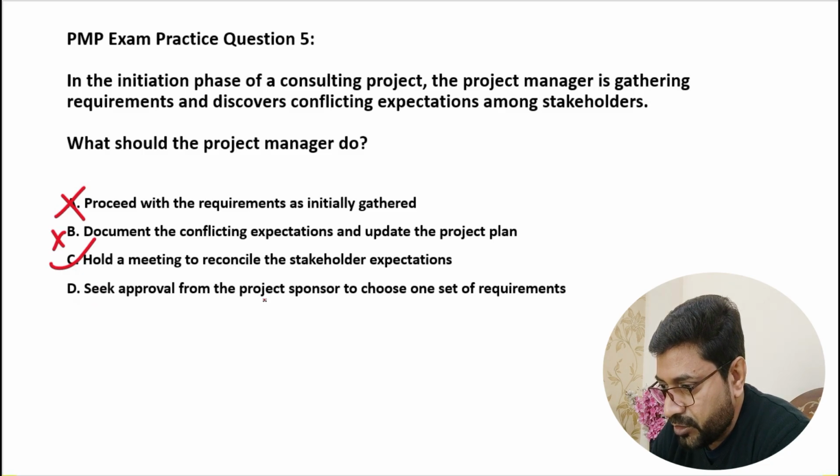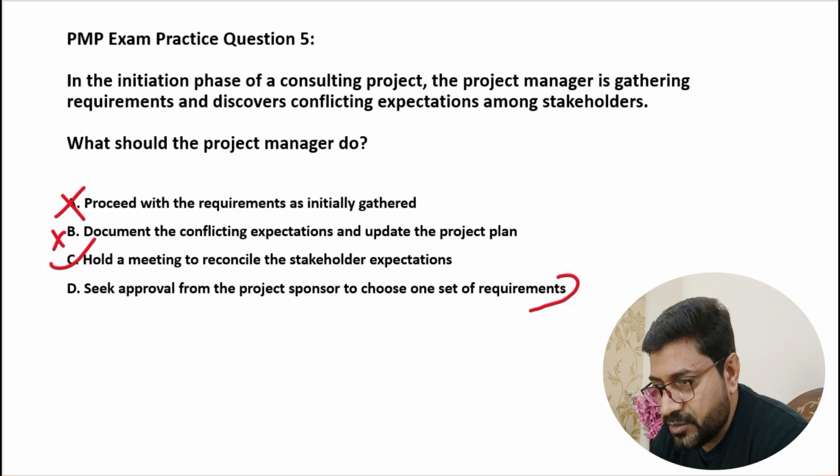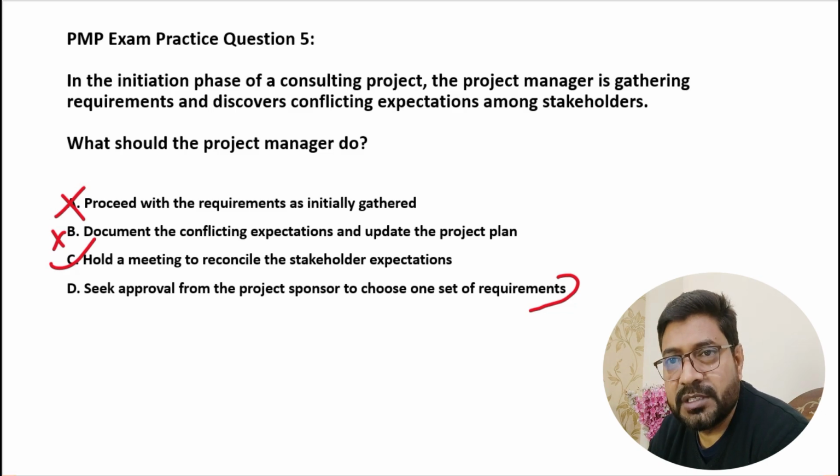Seek approval from the project sponsor to choose one set of requirements. Again, as a project manager, if we can solve the issue, we can discuss with all the stakeholders. Why go to the project sponsor and involve him? Not the right option.